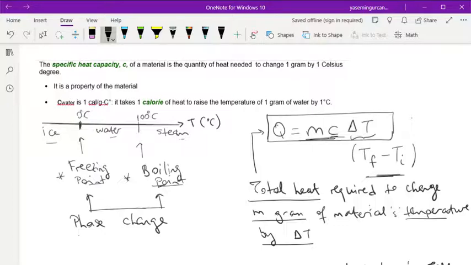I just drew here a temperature scale. In the Celsius scale, we have the freezing point of water at 0 Celsius and the boiling point of water at 100 Celsius. These two numbers are important because those are the phase change points. We're going to come back to this later, but it's an important thing to remember.